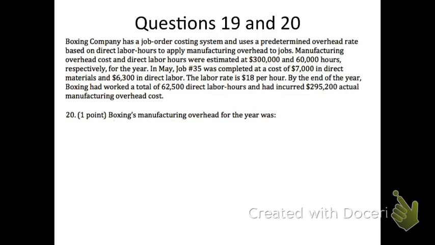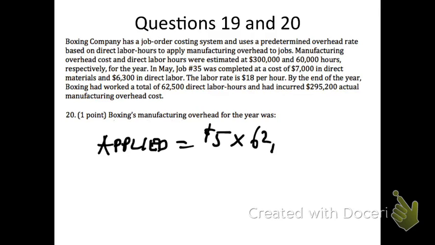Alright, so overhead. Is it over-applied or under-applied? And so we know that applied overhead is the overhead rate times the actual number of hours worked. And the actual number of hours worked is 62,500. So the total amount of applied overhead for the year is 312,500.